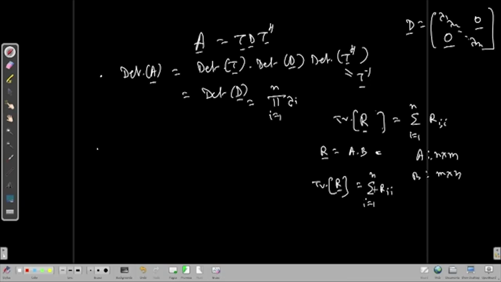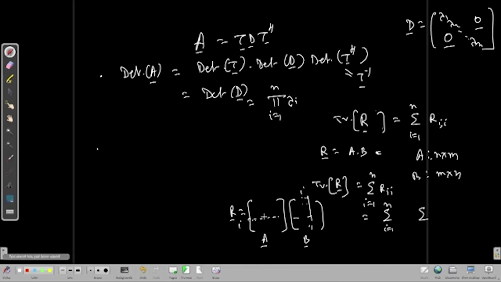But what is R_ii? R is obtained like this, A and B. So R_ii will be what? ith row of A times ith column of B. Okay, ith row means A_i1, A_i2, A_i3 like that, and ith column means B_1i, B_2i, B_3i, and they are multiplying and getting added. So any R_ii will be what?